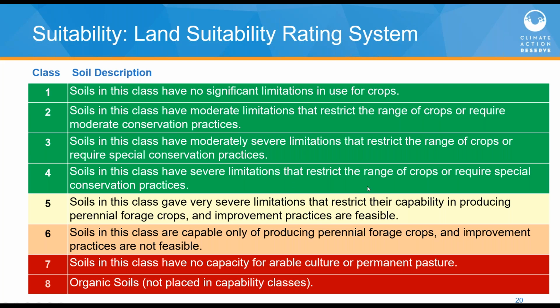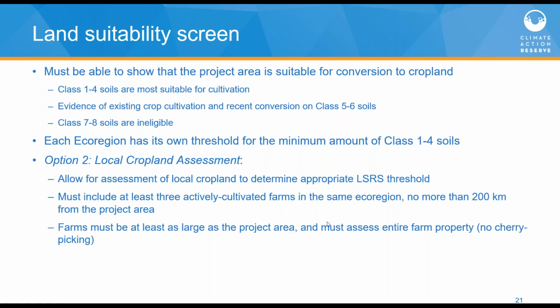So what we've done is set a threshold for how much of your project area has to be class 1 through 4, because we recognize that there are existing croplands on class 5 and class 6 soils, and there's also increased conversion of class 5 and class 6 because a lot of the class 1 through 4 soils are already in crop cultivation. So in new conversion scenarios, you're even more likely to see class 5 and 6 soils.